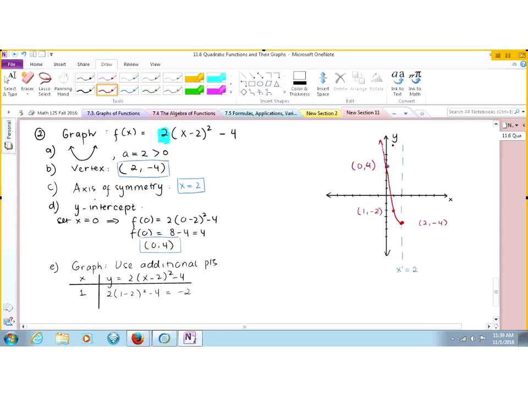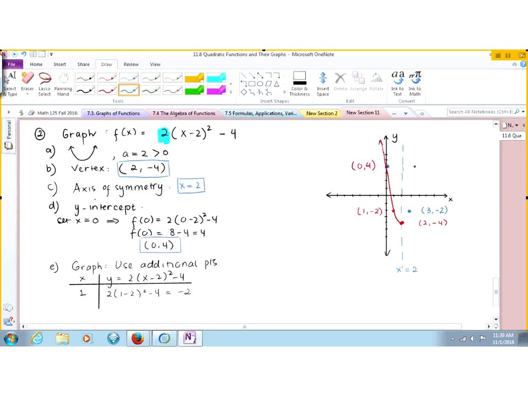Are we done with my problem? No. What am I going to do? We do our symmetry. So I'm going to find a point here. How do I find a symmetry? How many spaces here? 1. So then you have 1 here. So (3, -2). I didn't calculate this, but I found this using symmetry.